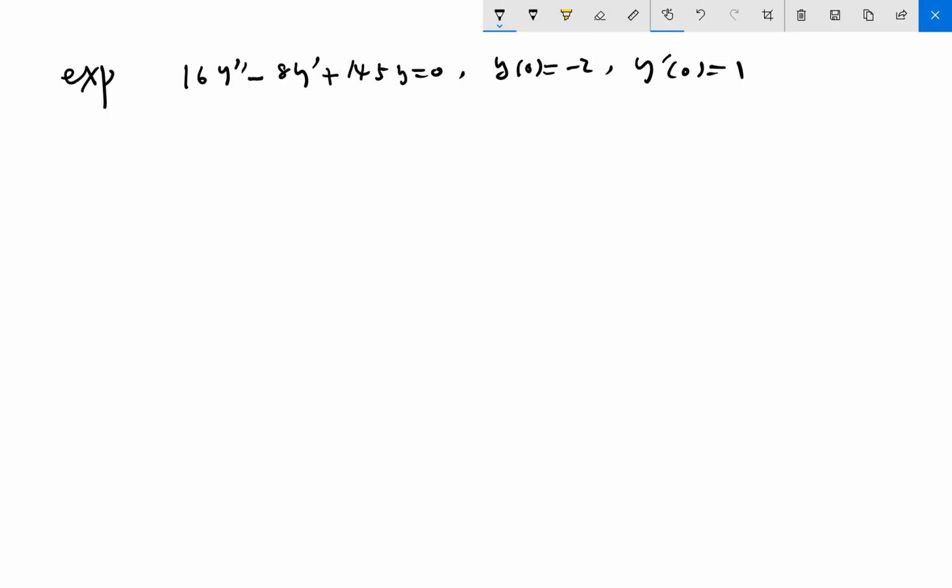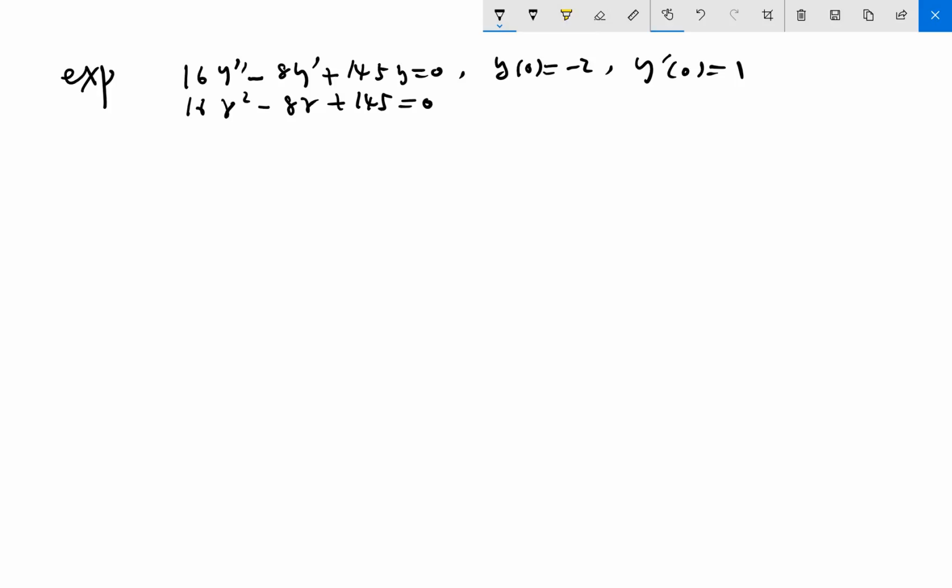First of all, this equation is a linear homogeneous equation with constant coefficients. So the first thing we need to do is write down its characteristic equation. Our next job is to solve this quadratic equation. With such big coefficients, it's hard to factor.